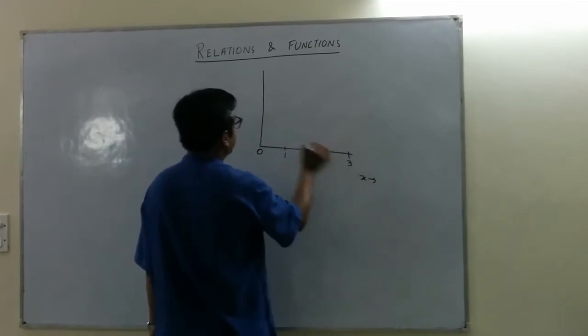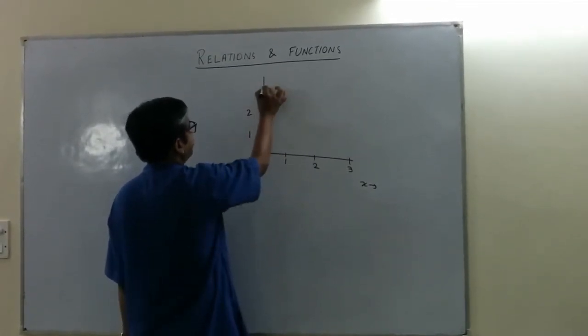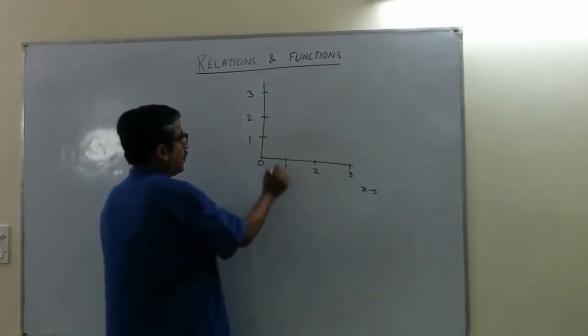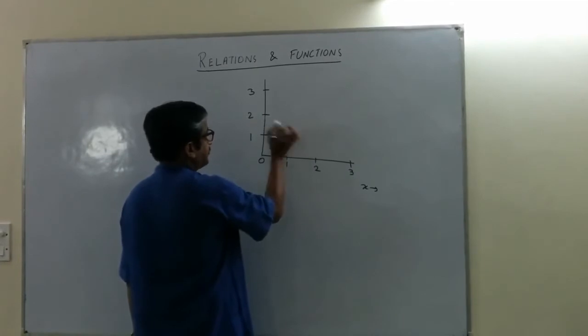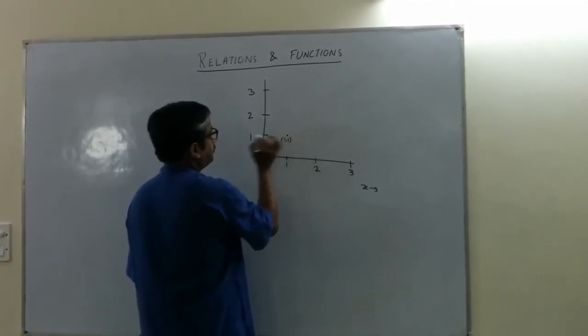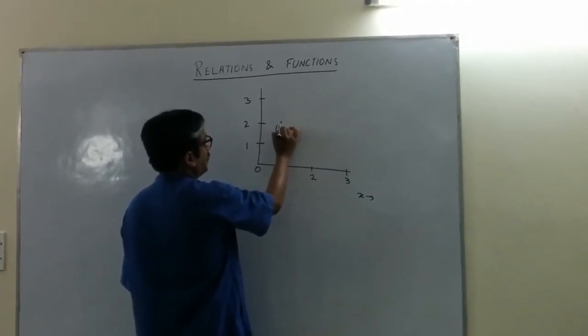This is your x and this is your y. As you know, all these points will form an ordered pair. This is your 1, 1. This is your 1, 2.